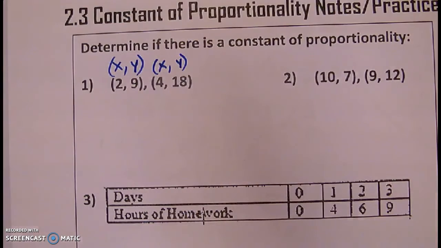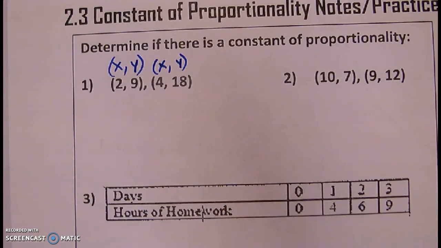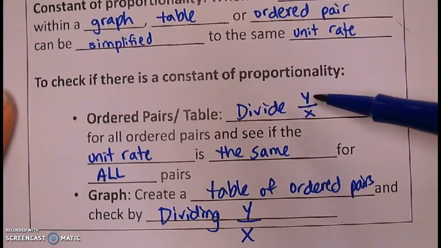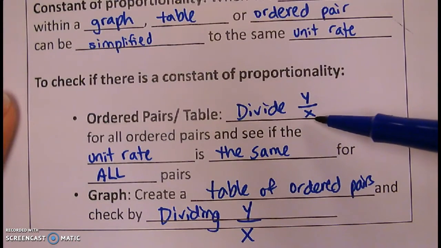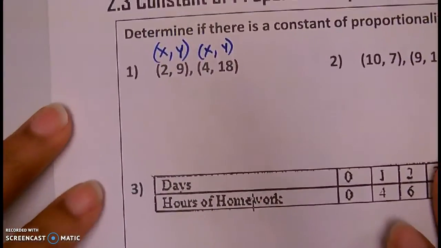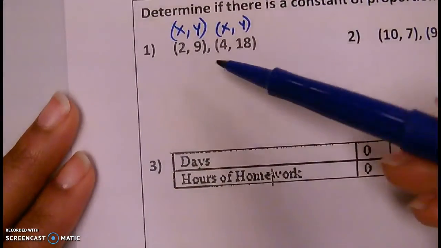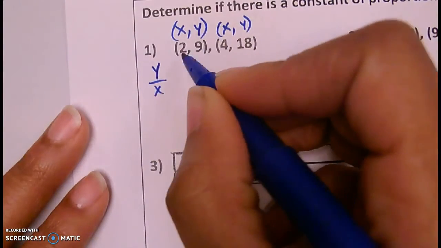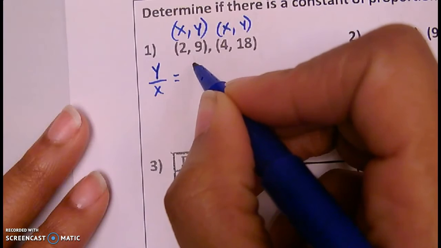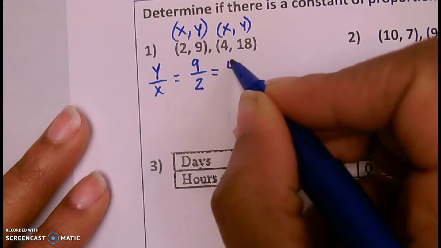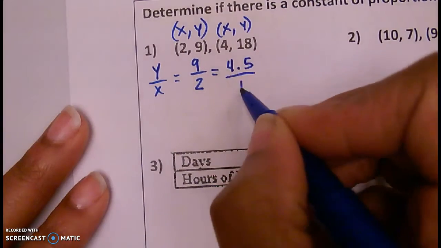So what I'm going to do is I'm actually going to do what the notes just said, and with the ordered pairs, I'm going to divide y over x to see what I get and whether the two will equal. So I'm going to set up y over x. And then for my first one, I'm going to say 9 over 2. 9 divided by 2 is going to give me 4.5 over 1.